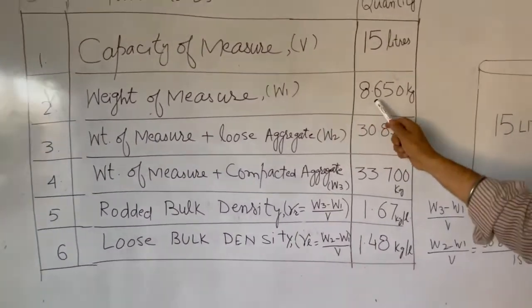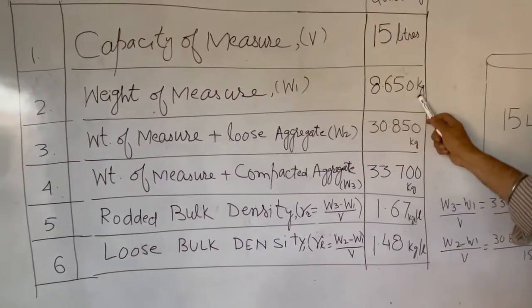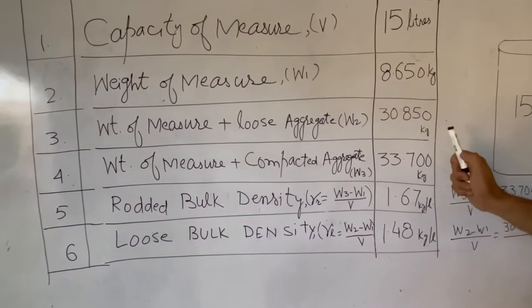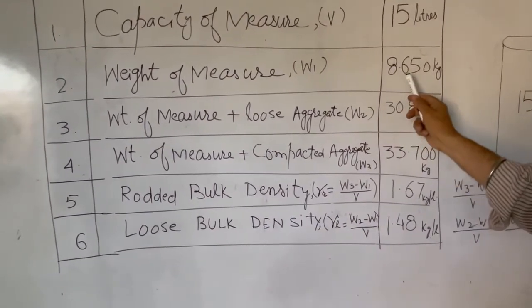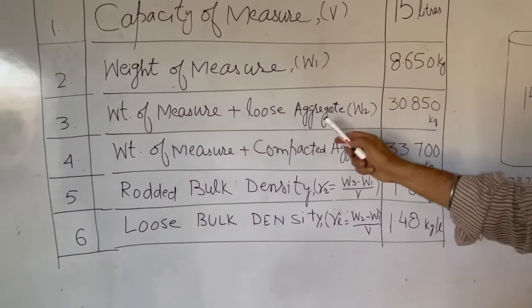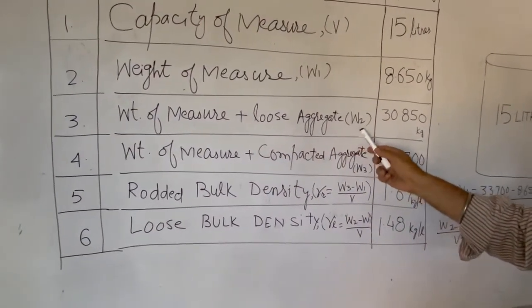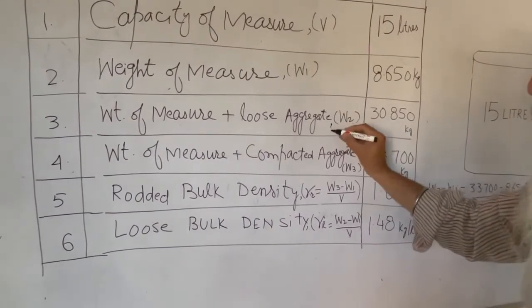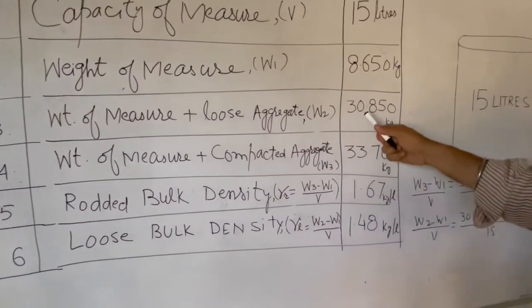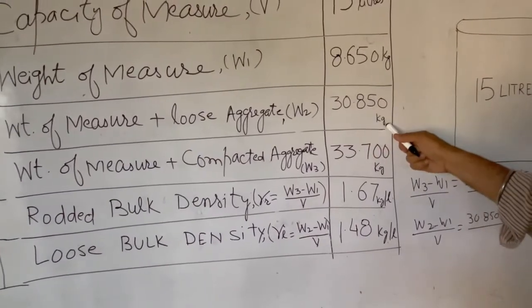It is equal to 8.65 kilograms. Then we fill up this container with loose aggregate. The weight of measure plus loose aggregate is denoted by W2. This comes to be 30.85 kilograms.